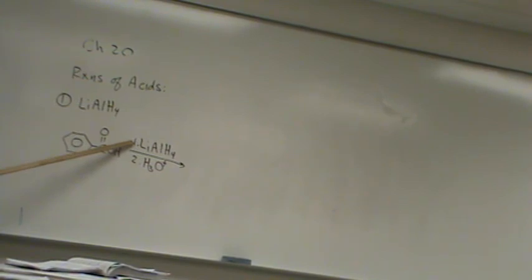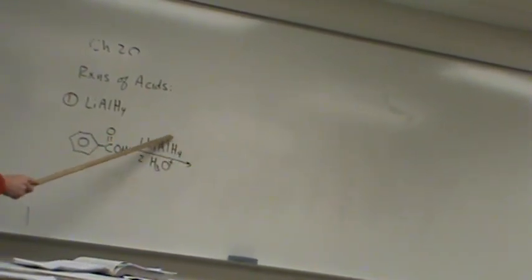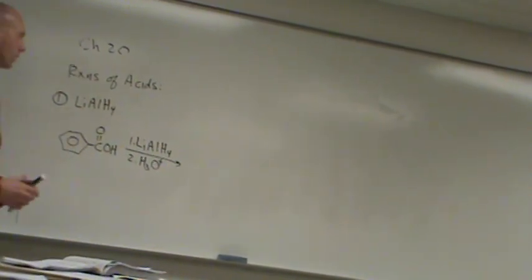So what we do in this reaction is react sequentially with lithium aluminum hydride and then the hydronium ion. So you're right, strong reducing agent, so it's going to reduce the acid group back to an alcohol.